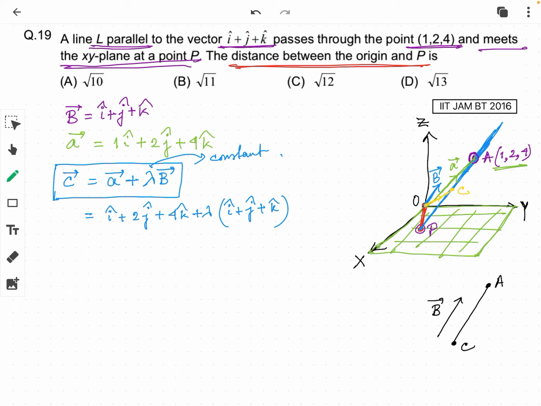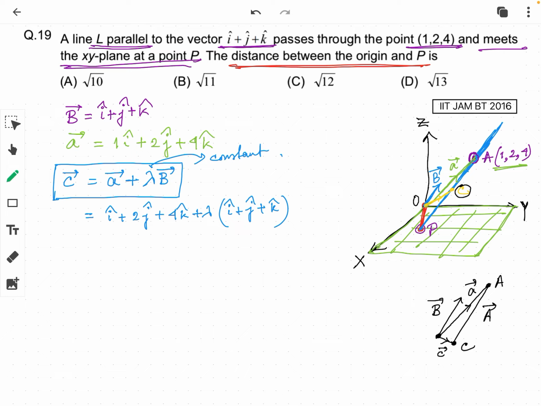Okay, so we can call it capital A vector. If this is the origin, then this is small a vector and this is the C vector, that is position vector of point C.